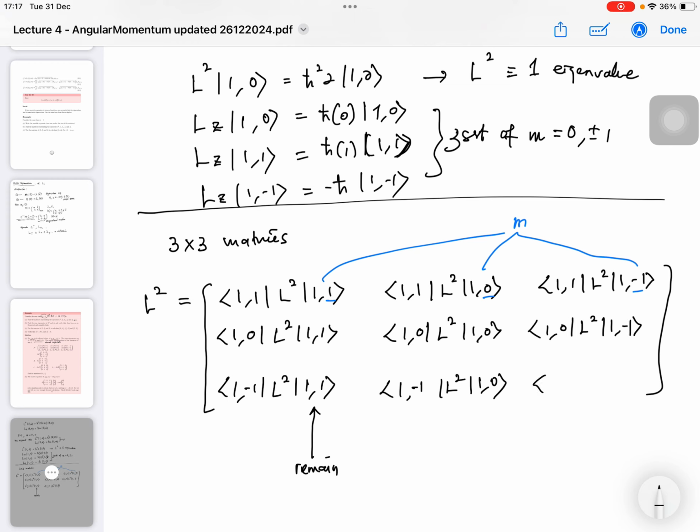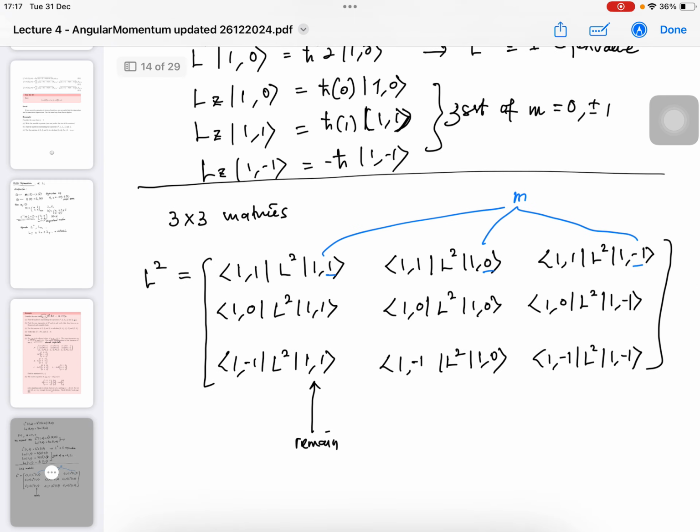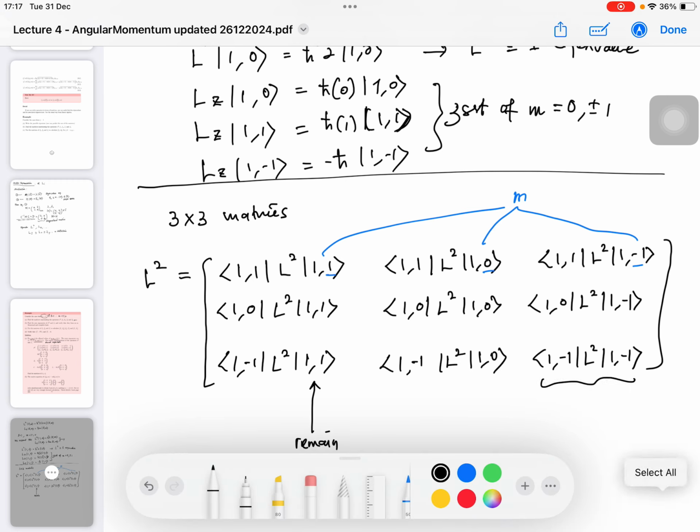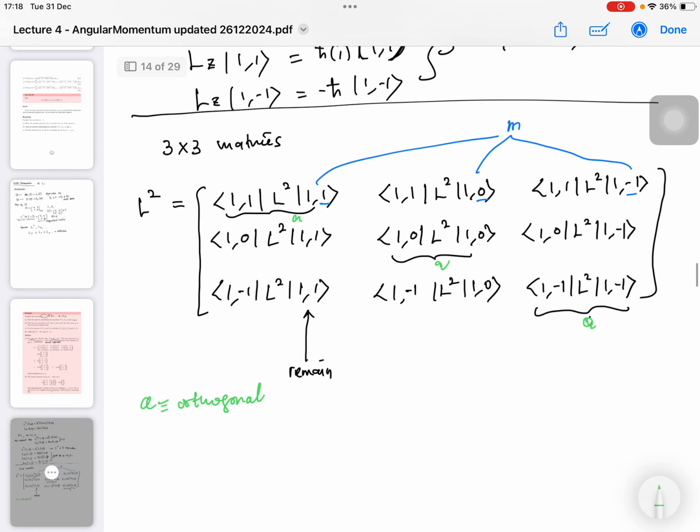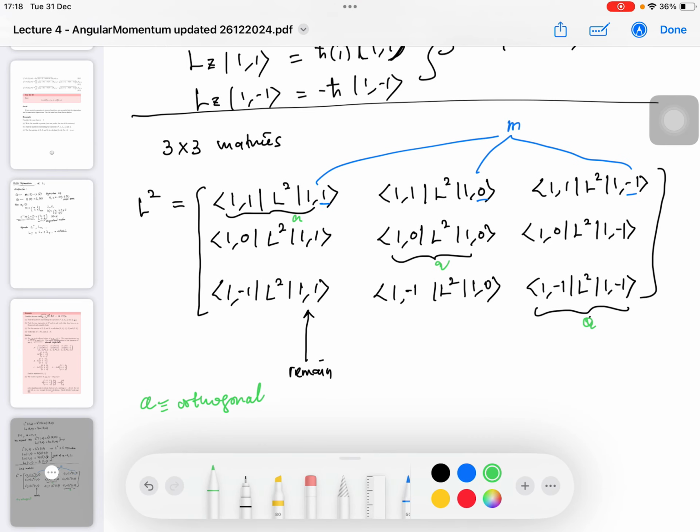Eventually you notice that all of these are orthogonal. But the rest, how about the rest?